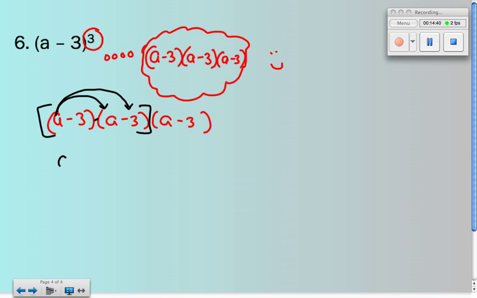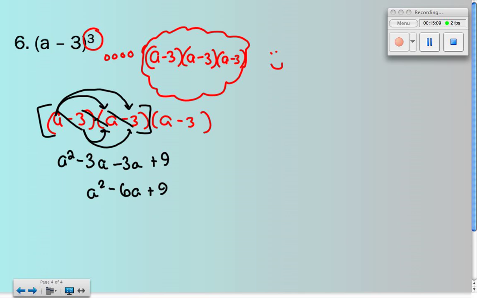A times a is a squared. A times negative 3 is negative 3a. I'll distribute this. Negative 3a plus 9. I'm going to combine like terms. Now tomorrow in class I'm going to show you a shortcut on how to multiply a binomial by a binomial quickly. All right, so that's what I got when I multiplied these first two things together.